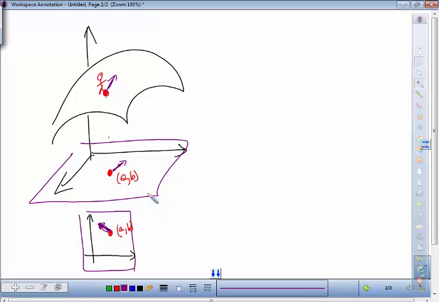Well, it turns out that this idea would be the directional derivative.